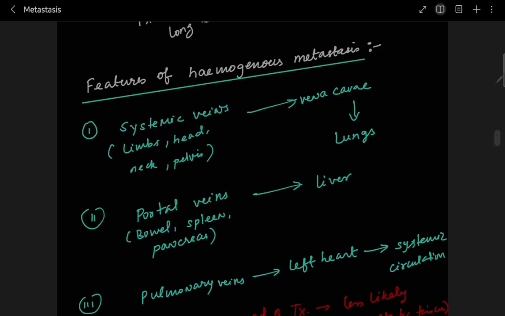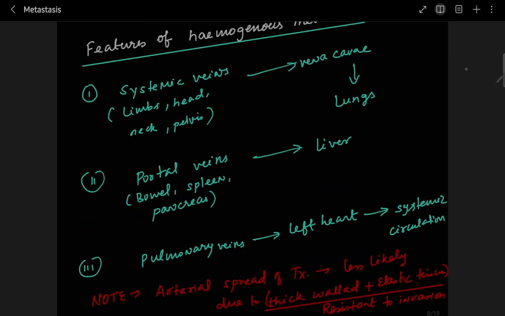Now let's see the features of hematogenous metastasis. As I have mentioned, the systemic veins all drain into the vena cava, and from the vena cava the blood reaches the right atrium, then the right ventricle, and from there it goes to the lungs through the pulmonary artery.